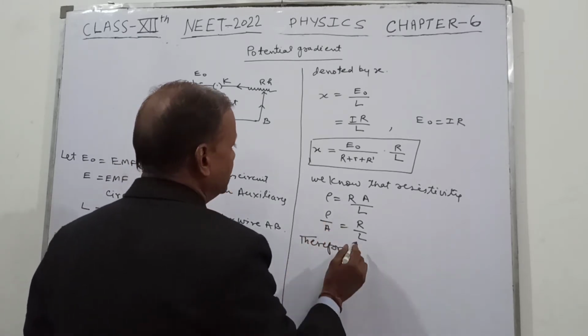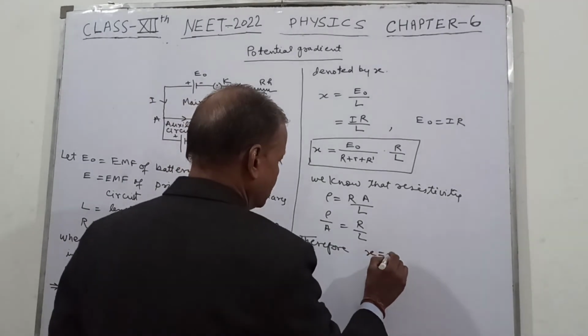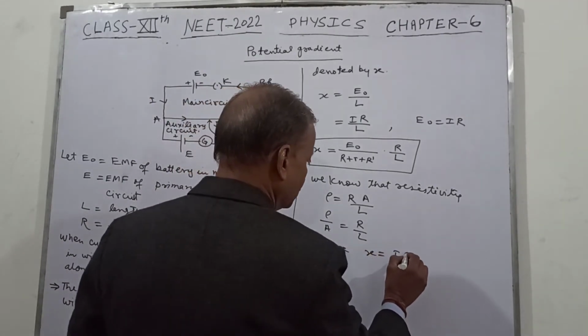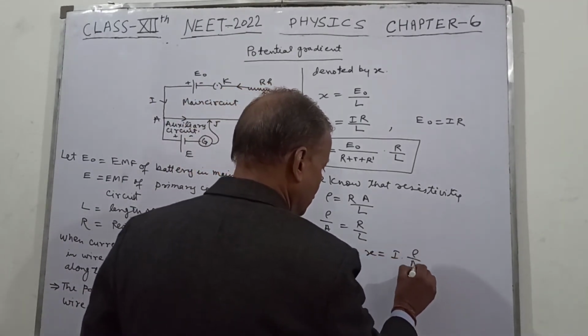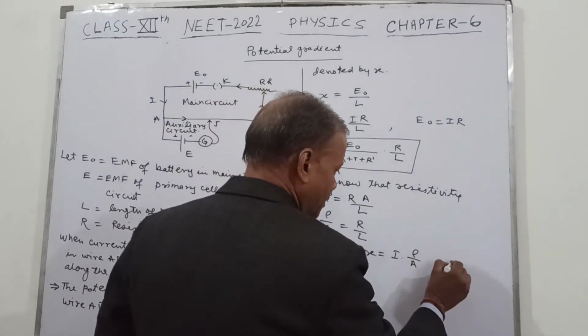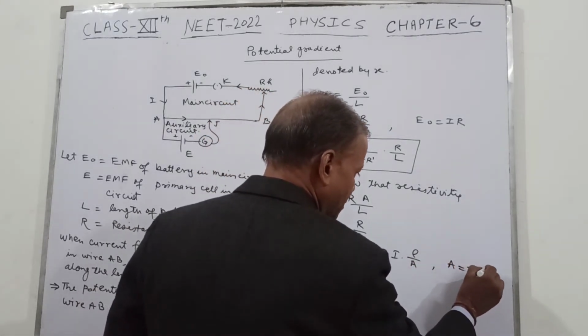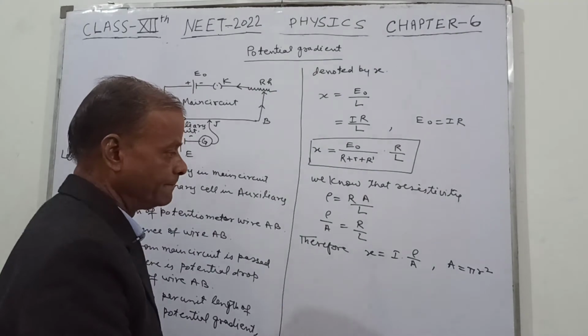Therefore, now this X is equal to I into rho upon A. A is the cross sectional area, which is pi r square.